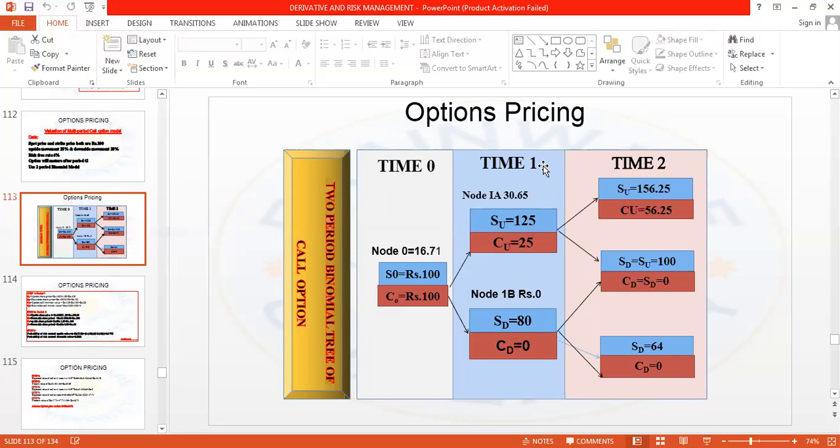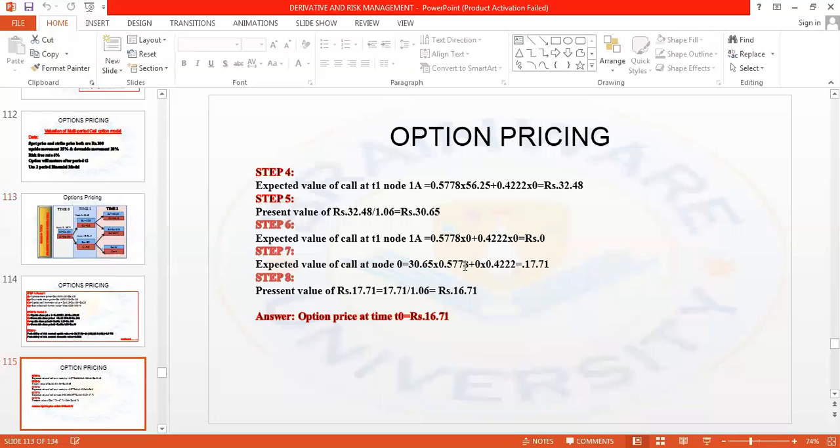But remember, we want to get the expected intrinsic value at time 0. That means again we have to move backward for one time frame, which is possible by calculating the present value of this 17.71.